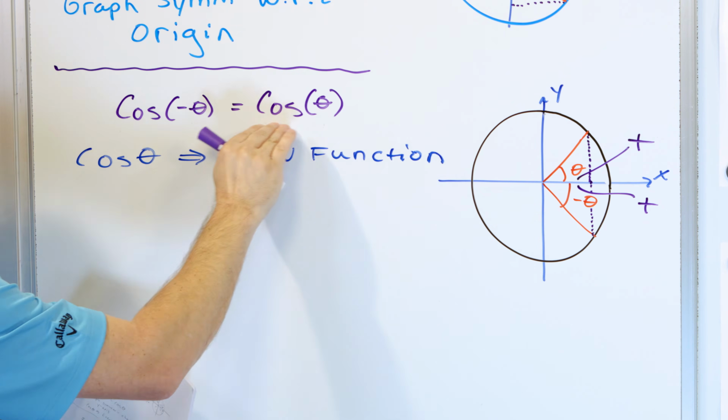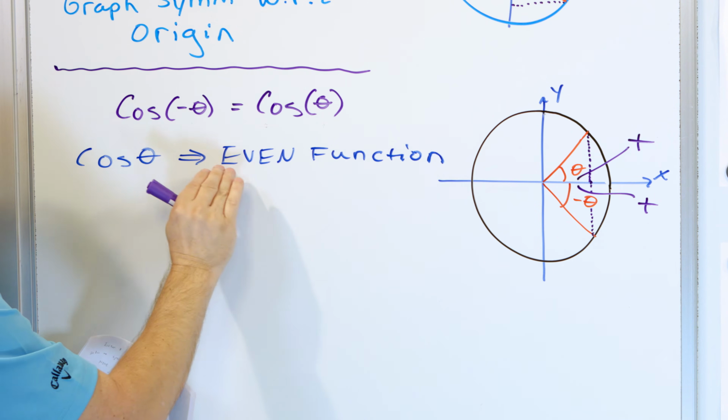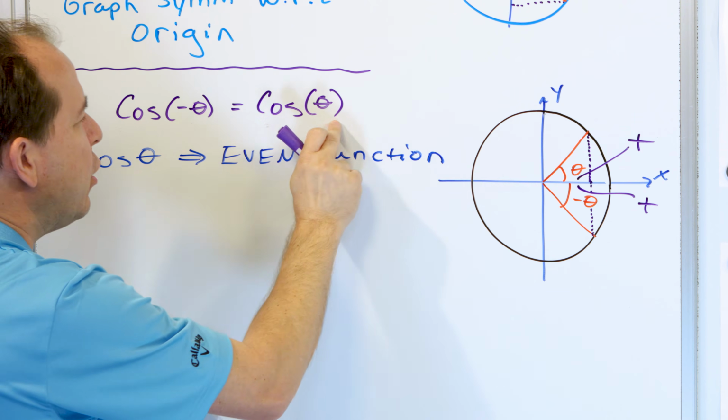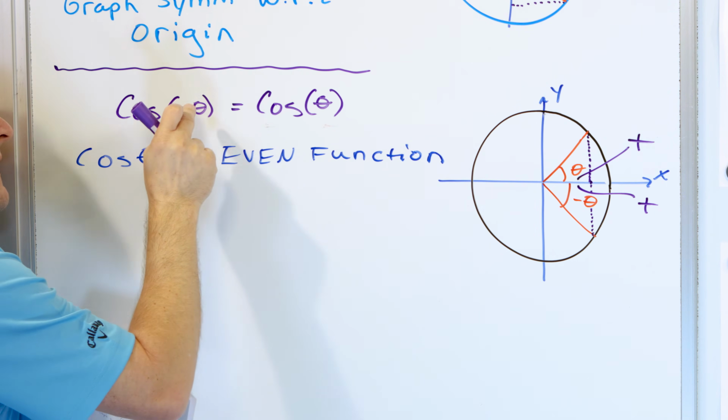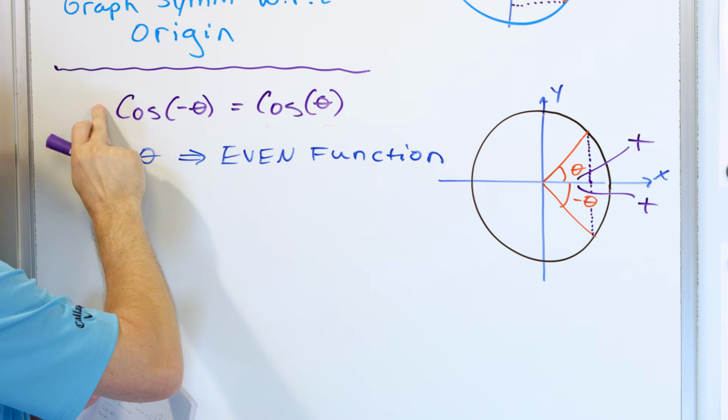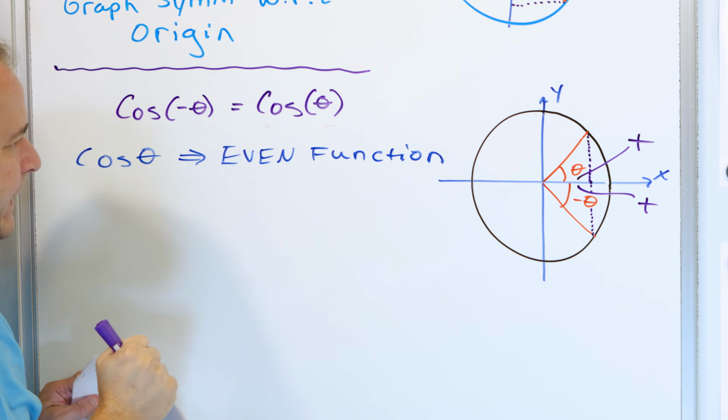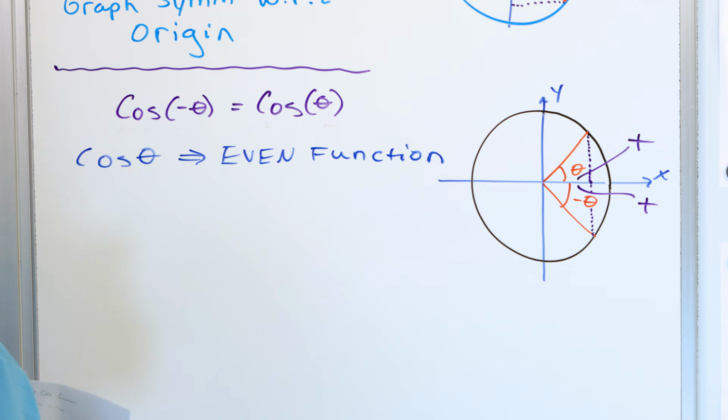And that's what this is trying to tell you. This is the textbook definition of what an even function is. If you take the cosine of an angle and you get the answer, and the cosine of the exact same angle but negative, you're going to get exactly the same answer. They're both positive. The answers are the same. And that's because of the way the projections work here.